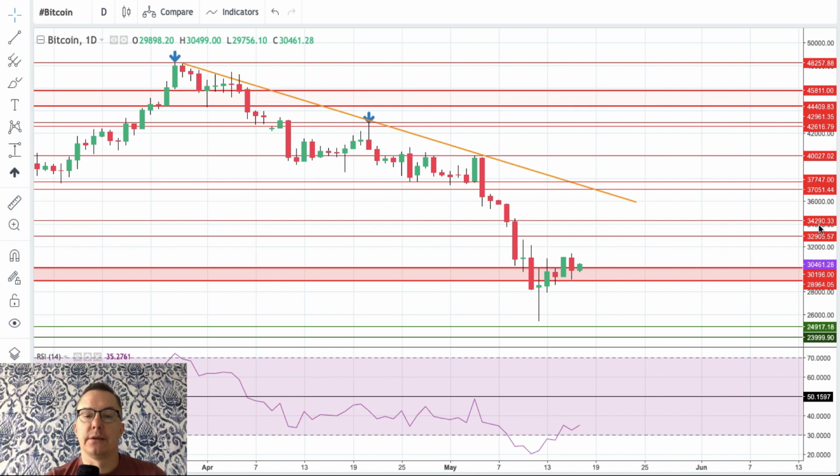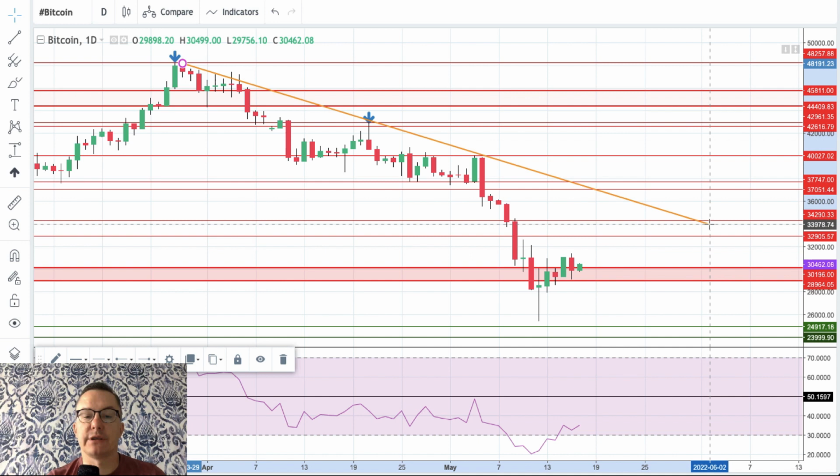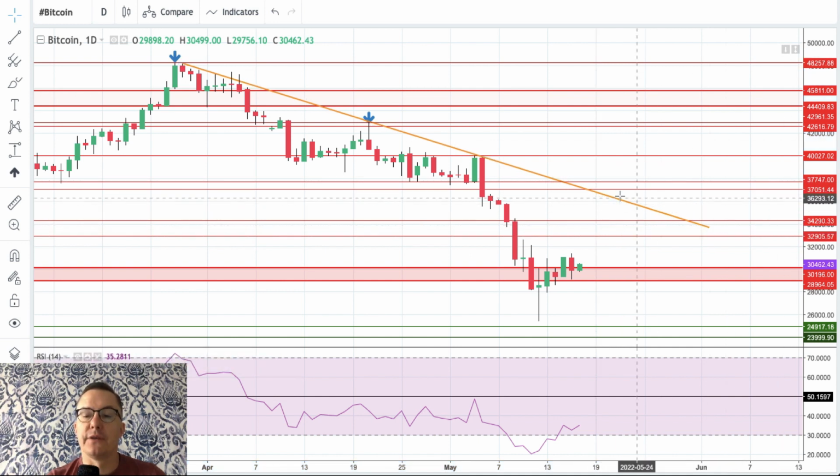34,290? Of course, we need to break above this short-term trend line, which is around the level of 35,000 in order to continue the up move, but the bearish pressure, as you can see, is very big. There are only a few green bars here.